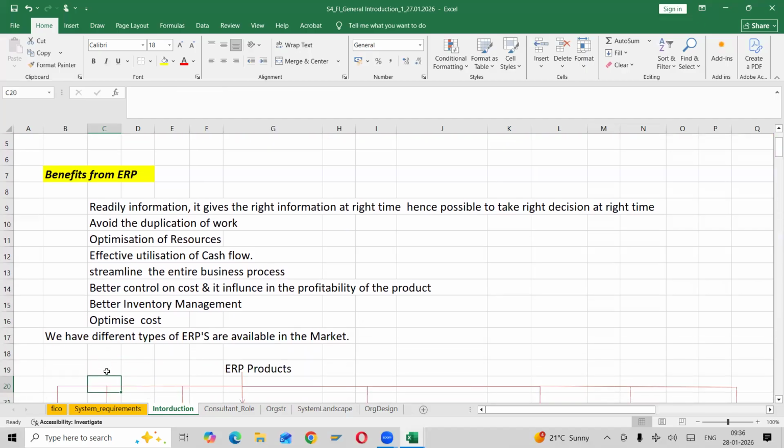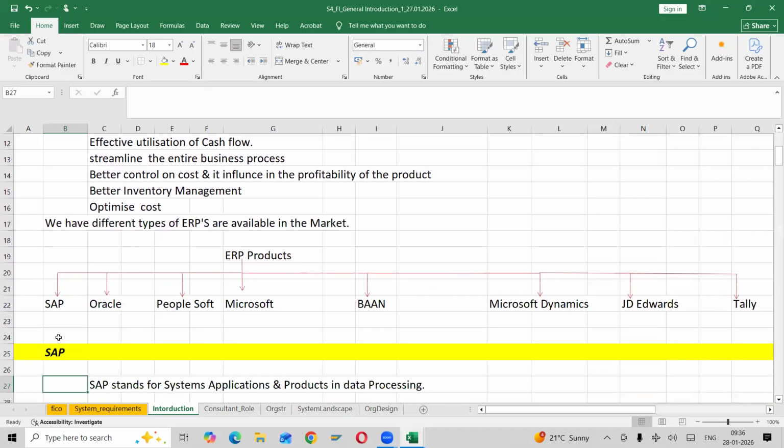This is the ERP. There are thousands of ERPs in the market, I can say lakhs of ERPs. For example, SAP is one ERP, Oracle is one ERP, PeopleSoft, Microsoft Dynamics, BAN, JD Edwards, Tally. These all are ERPs. But why SAP?